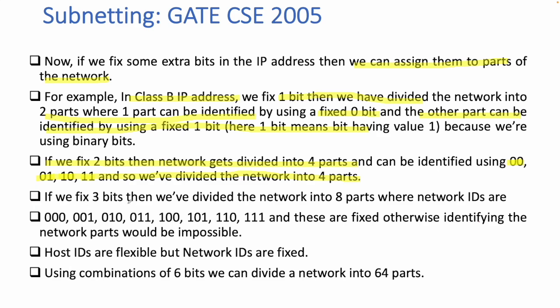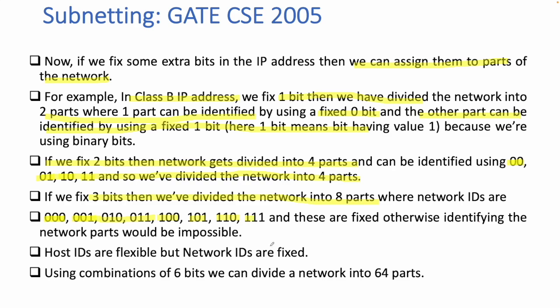Now for further explanation, if we fix 3 bits, then we have divided the network into 8 parts. How? Using this code: 000 goes into part 0, 001 into part 1, and so on up to part 7.